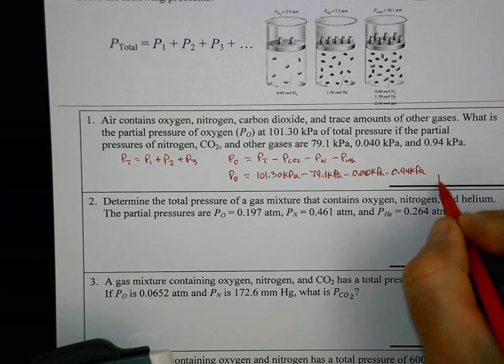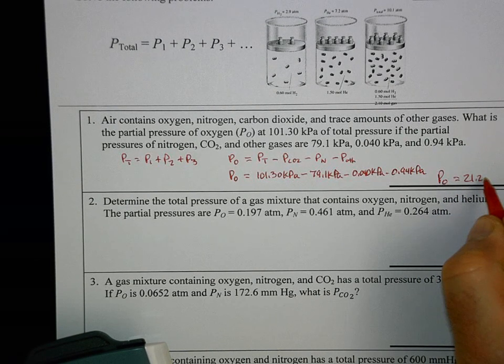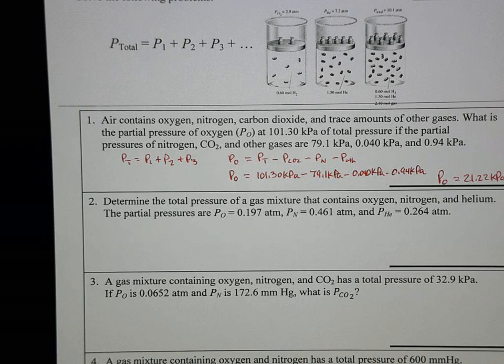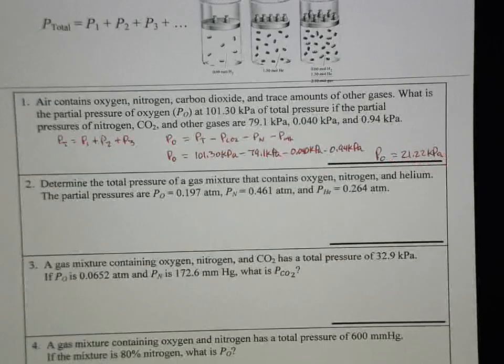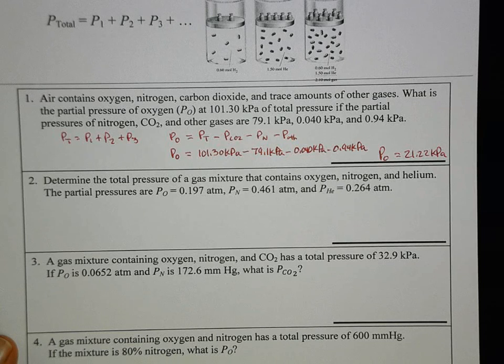And so the partial pressure of the oxygen is just 21.22 kPa. Pretty straightforward.